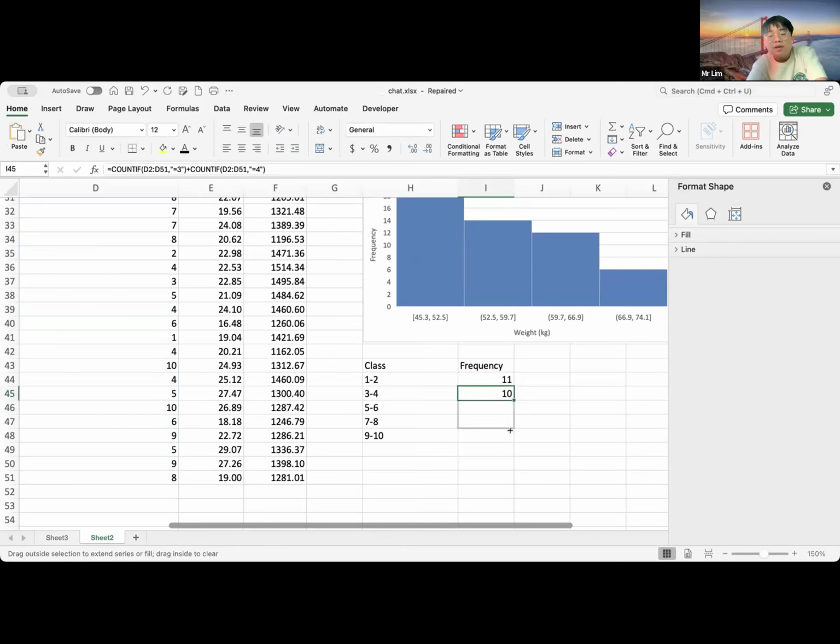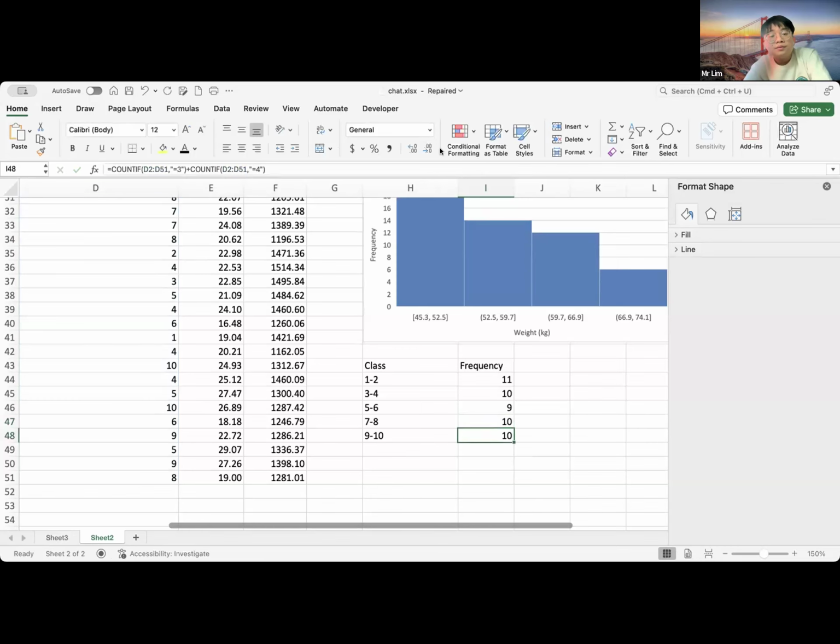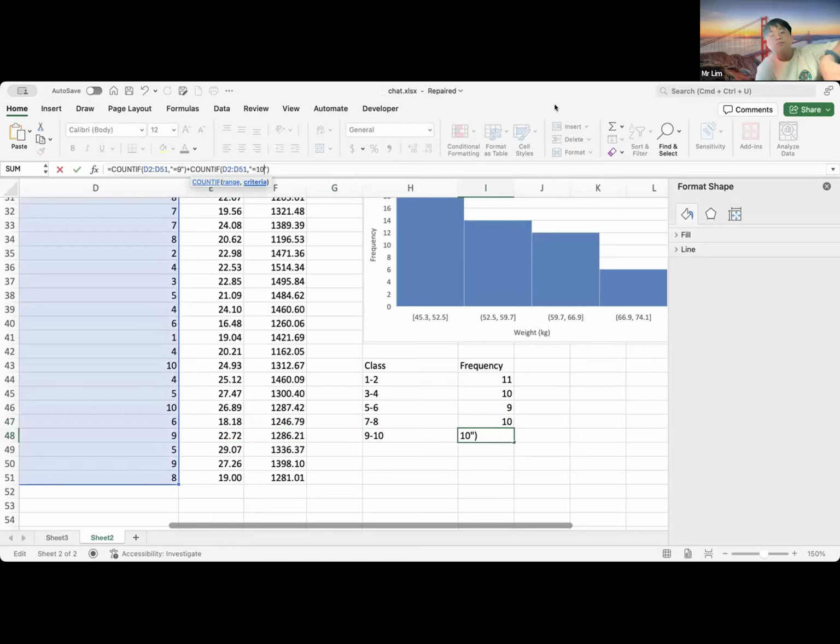Okay. Let's see whether you can do everything here. Don't directly drag it unless you get other things. So let's change manually, not very much only. 5 and 6. 7 and 8. 9 and 10.